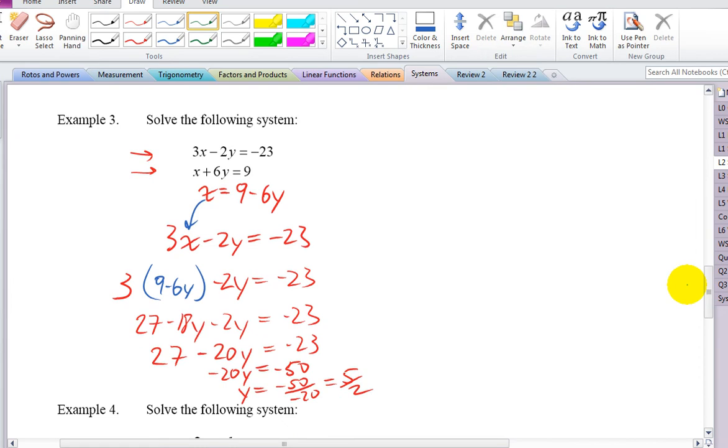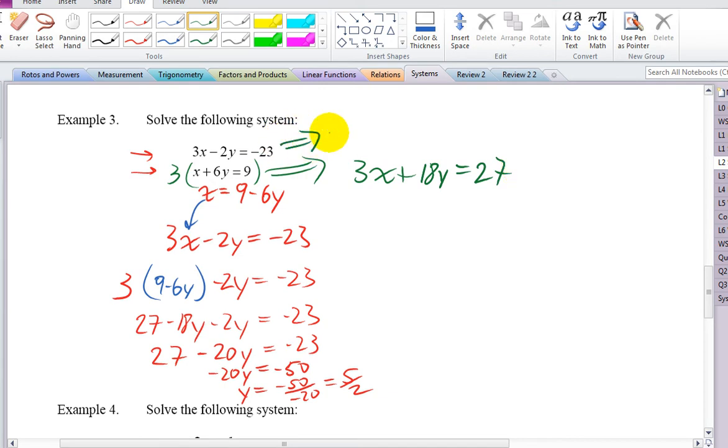What we could do is double substitution. Now, I'm just going to show you this. Don't write this down, but check this out. We're going to do this in a couple days. I multiply this entire equation by 3, and I get 3x plus 18y equals 27. Pretty cool. I just multiplied everything by 3. Why would I do that?